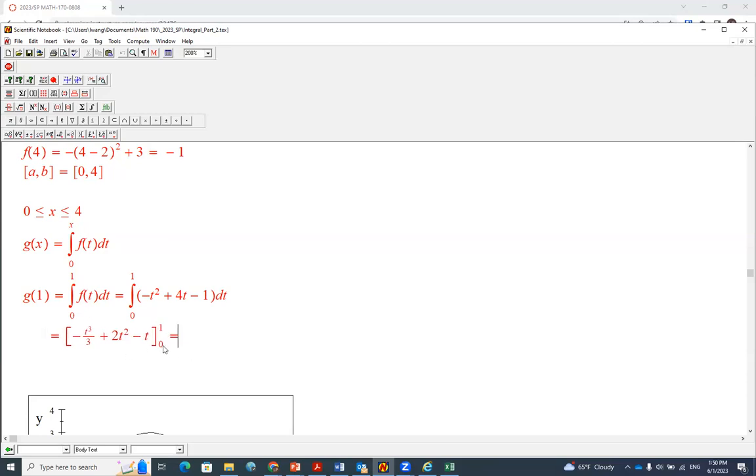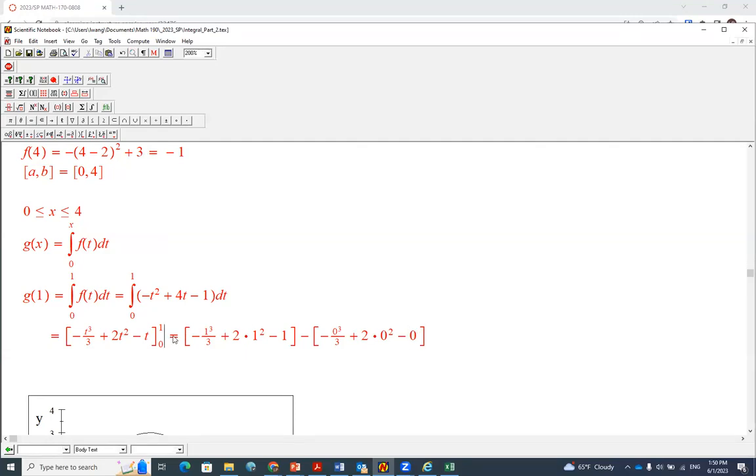And what's that number? Well, if we plug in 1, all of these t are replaced by 1. Subtracting all of that with t replaced by 0. I'm just following the fundamental theorem of calculus part 2 and doing the replacement.